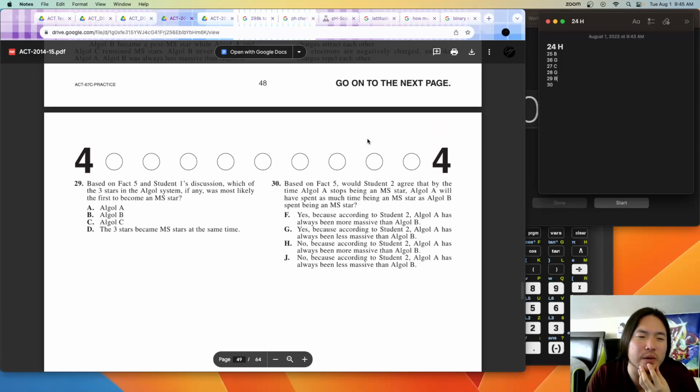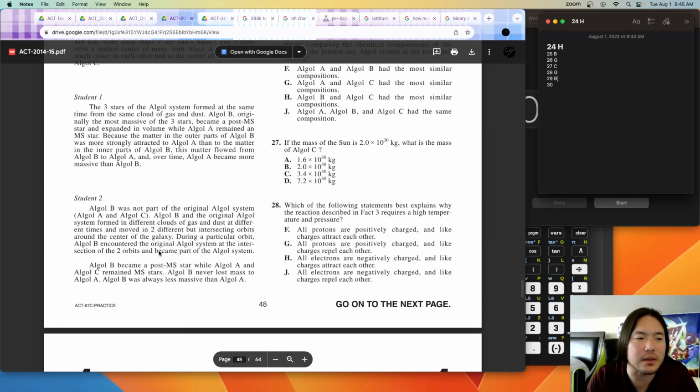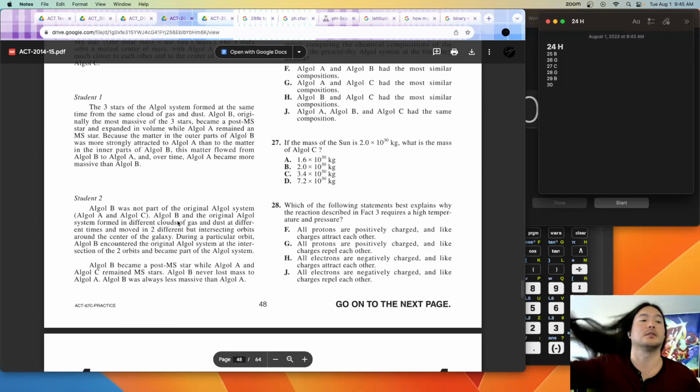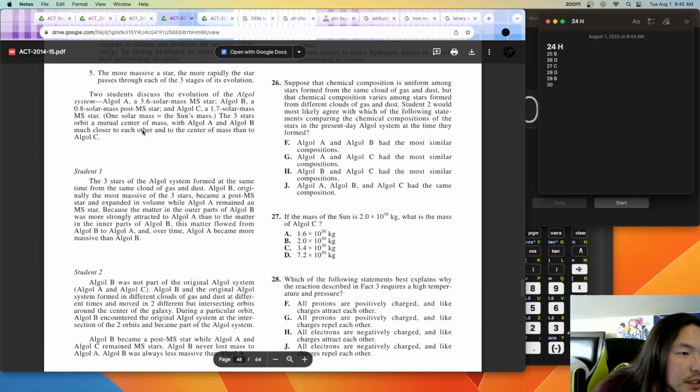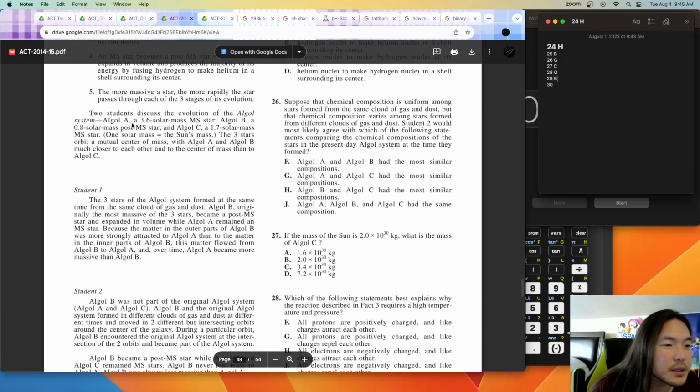So once angle A stops being an MS star, will angle A have spent as much time? Probably more, yeah, because angle A's star evolution is slower, because wait a minute, let's check it one more time. No, angle A is bigger.